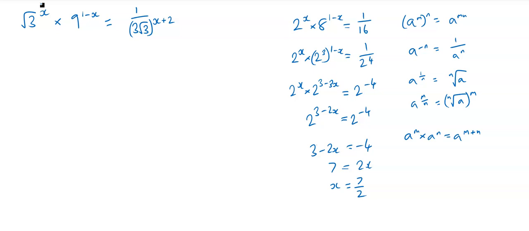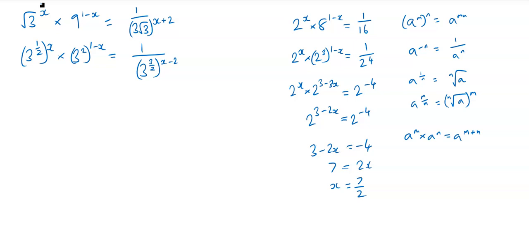If we're methodical about this, it doesn't matter how complicated it is. So we have 3 to the half to the power of x times 3 squared to the 1 minus x equals 1 over, now I've done this one so many times, it's 3 times 3 to the half, so we're going to do 3 to the 3 over 2 to the x minus 2.